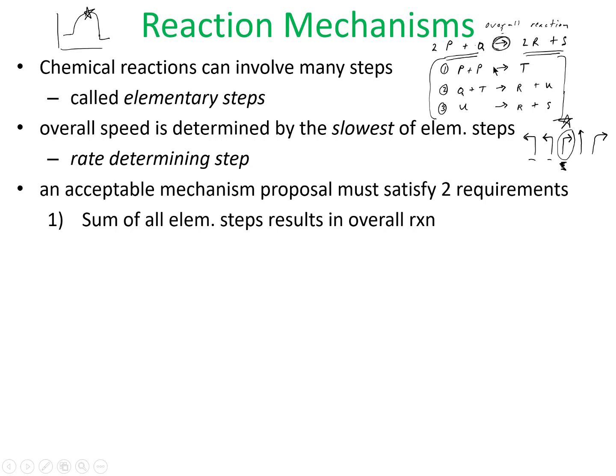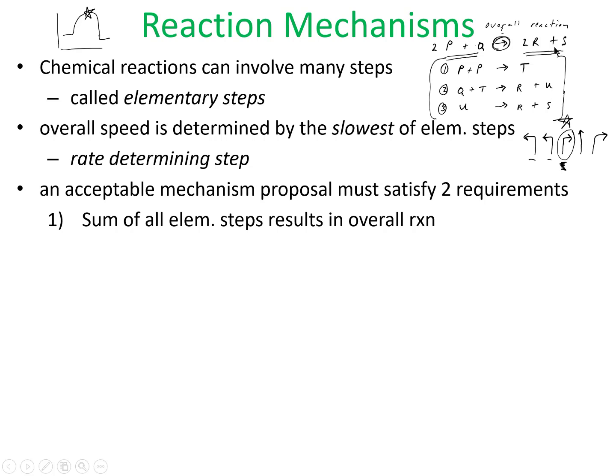So if you remember Hess's law from, I think it was chapter 5, the thermochem chapter, if something gets created and then it gets consumed, that's not part of the overall. And as we see, T is not part of this overall, so it needs to be getting consumed in these elementary steps, and it is right here. So T gets consumed.